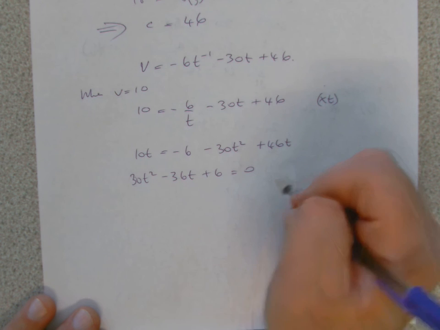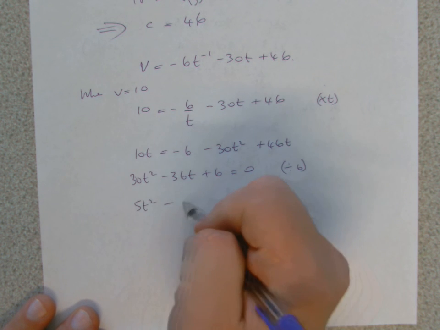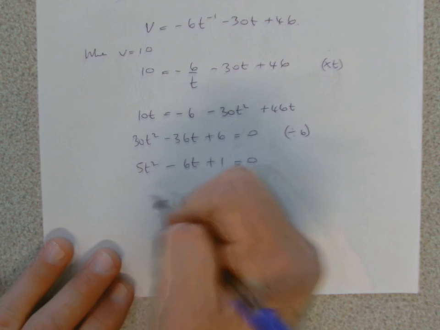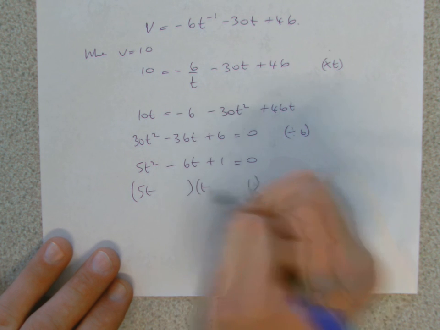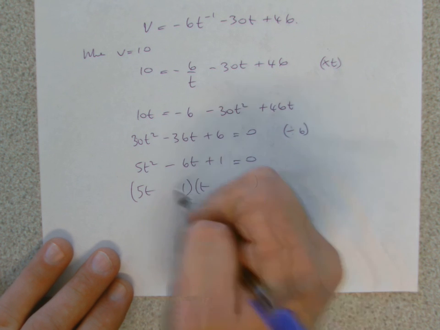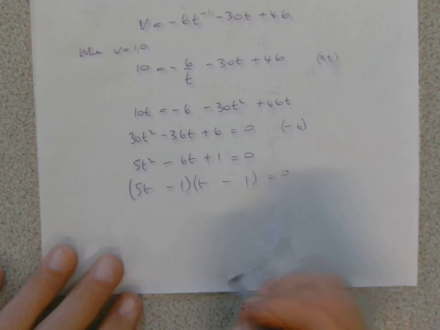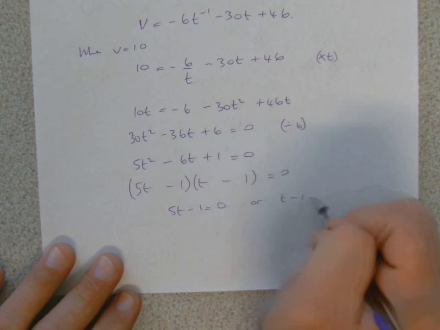Looking for common factors here, I can divide through by 6. So 5t squared minus 6t plus 1 equals 0. Then you can do your brackets, factorizing it. In this case, 1 and 1, and they both will be minus. You get 5t minus 1 equals 0, or t minus 1 equals 0.